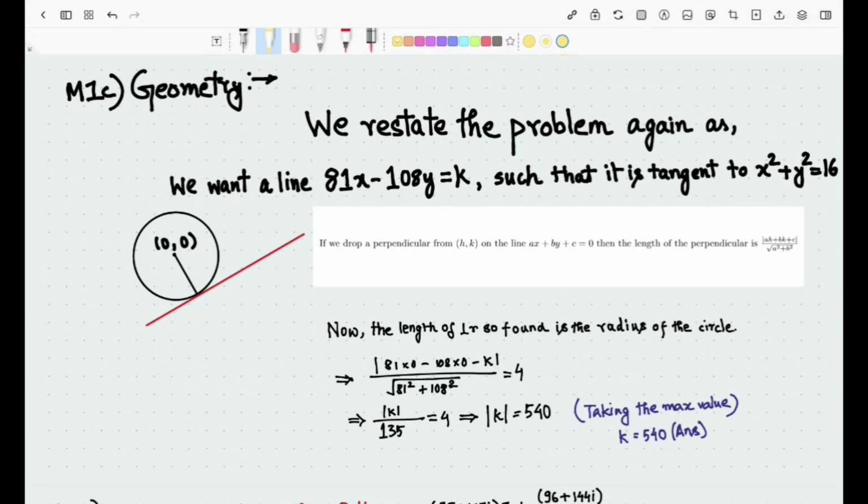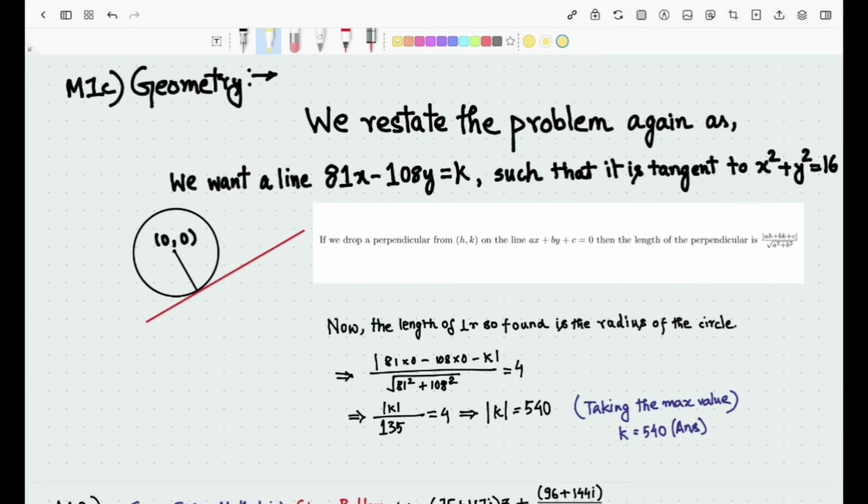So what I did is, we may restate the problem again as we want a line, that is 81x minus 108y, the real part of omega that we found, equal to k, such that it is tangent to x squared plus y squared equal to 16, right?